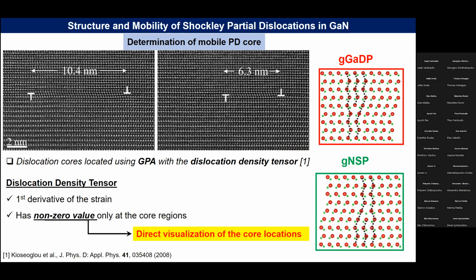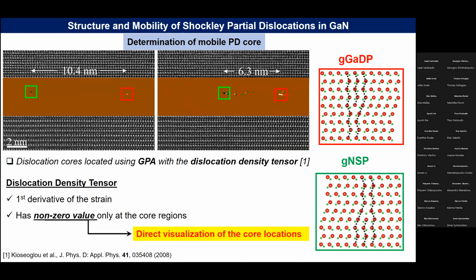We have to mention that the dislocation density tensor is a tool that was developed here, and if you want further information, you can find it in the work of Professor Kioseoglou. In simple terms, the dislocation density tensor is the first derivative of the strain and has non-zero value only at the core region. So we can have a direct visualization of the core locations.